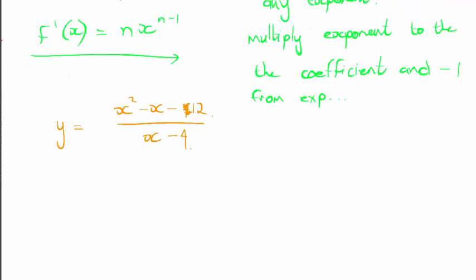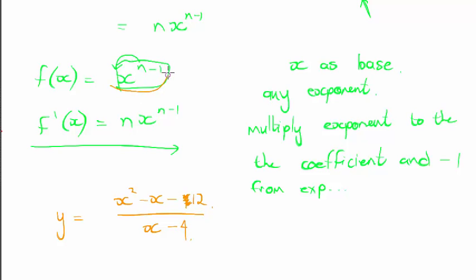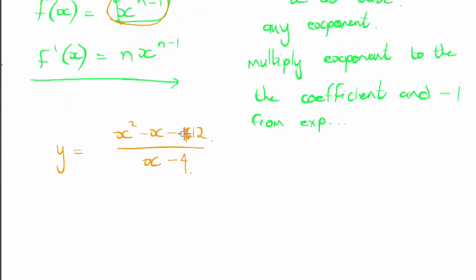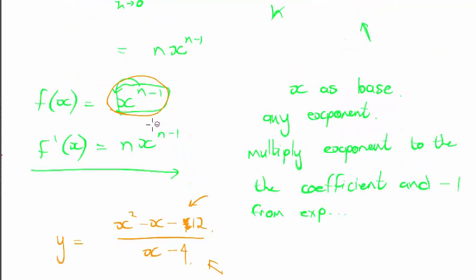You have a rule for that, but this is not that. And you can't go and find the derivative of the top and the derivative of the bottom. Before you can find the derivative, you have to get every term to look like that. And you don't have terms here. You have a single fraction. So you have to simplify that fraction.